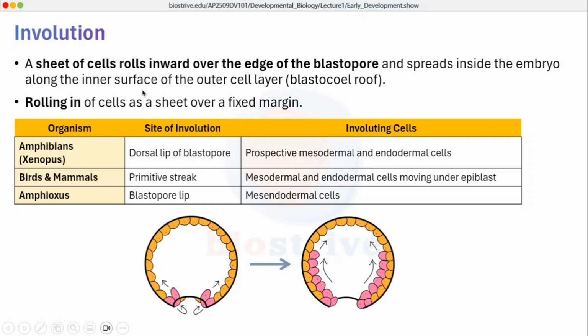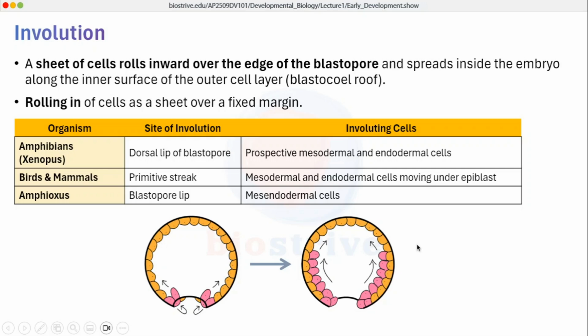The cells will spread inside the embryo along the inner surface of outer cells, or we can say cells are moving alongside the blastocoel roof, because this internal cavity is the blastocoel, and the cells are moving alongside this blastocoel roof.